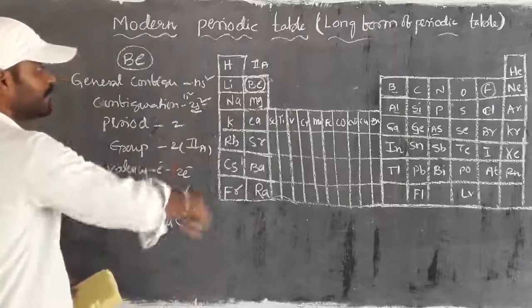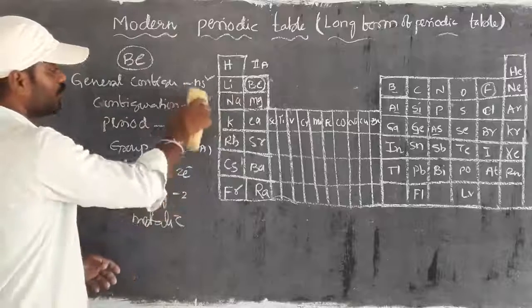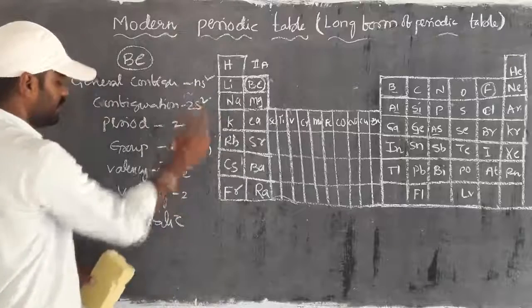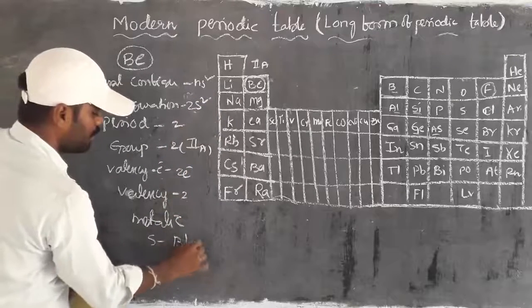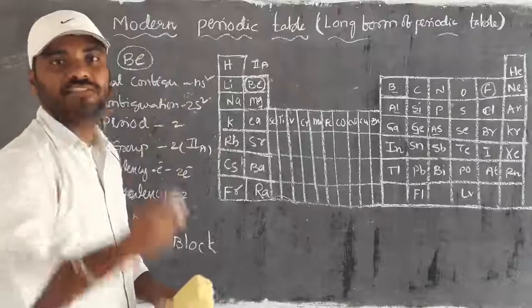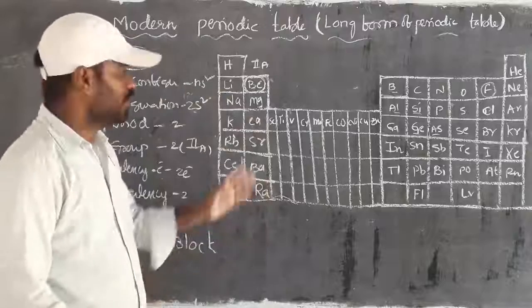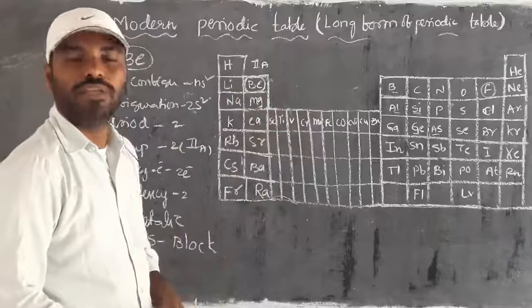Moreover, in which block it is present: the configuration is 2s2, so it is in the s block. Like that, we can write complete data about each and every element. So this is the additional information when you look into the periodic table, right?